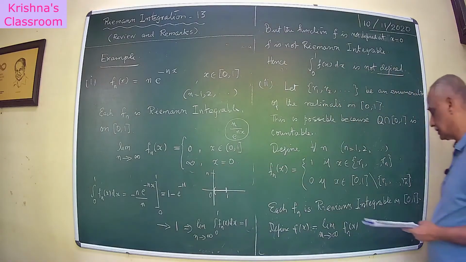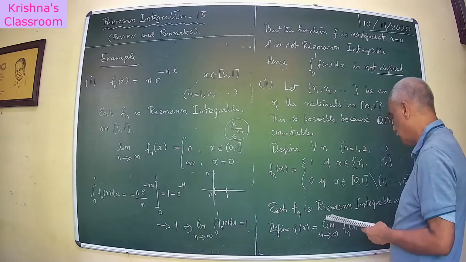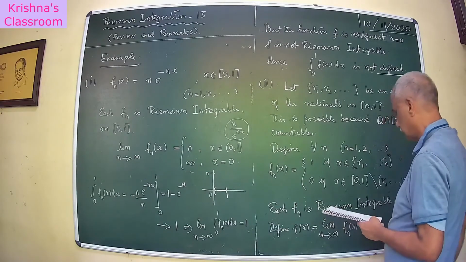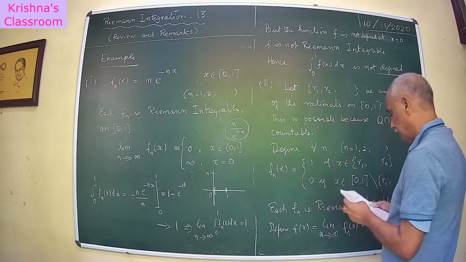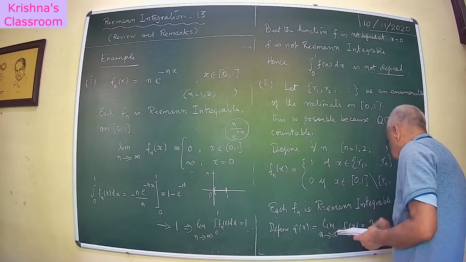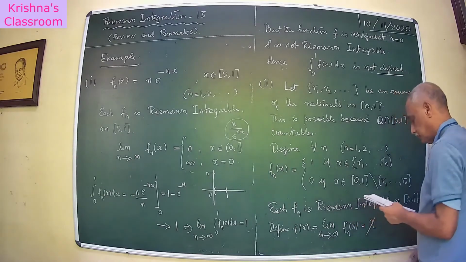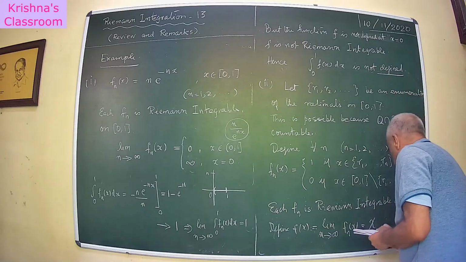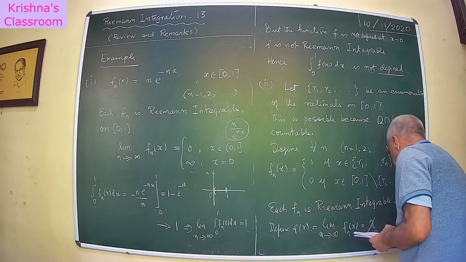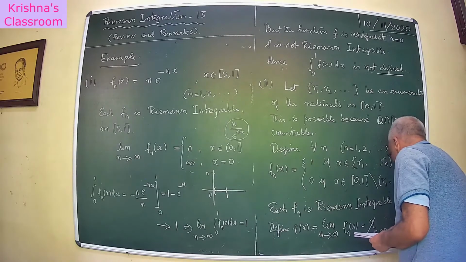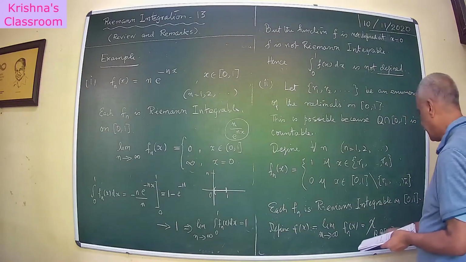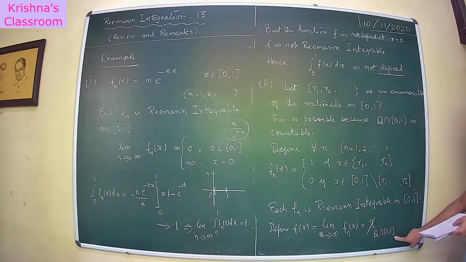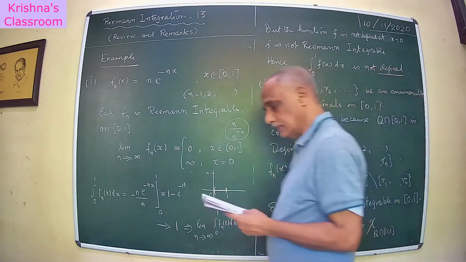This function is in fact the characteristic function of the rationals intersection [0,1]. This function is 1 on this set, otherwise it is 0. Okay.